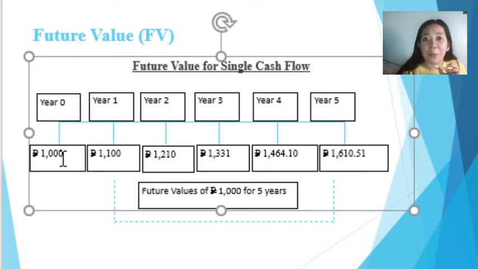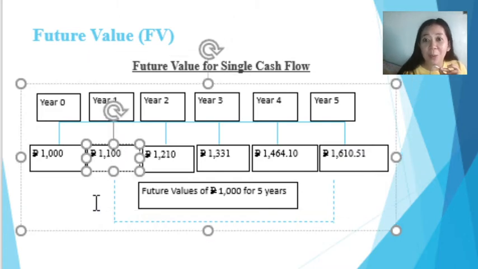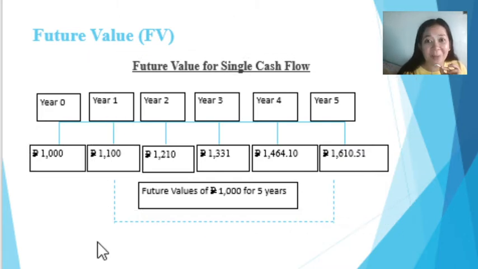However, after 1 year of placing that investment, based on our table earlier, your 1,000 earned an interest of 100. That's why it now becomes 1,100 after 1 year. Then in the second year, third year, fourth year, and the fifth year, this is the period in which you can already withdraw your investment.